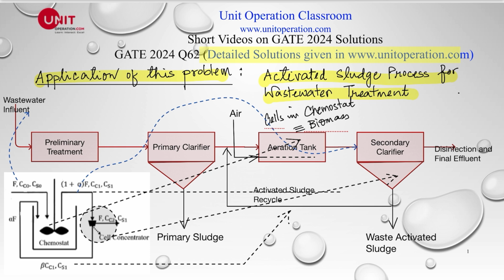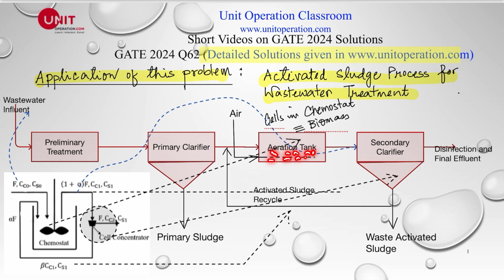Now here, in the chemostat, this feed is this one here, wastewater influent, which is coming in. Now the chemostat here is of course this aeration tank, where these are microbes.